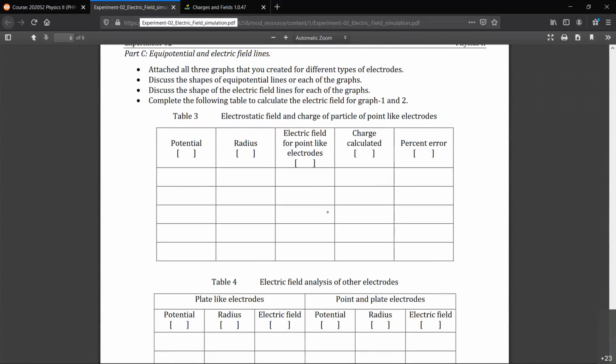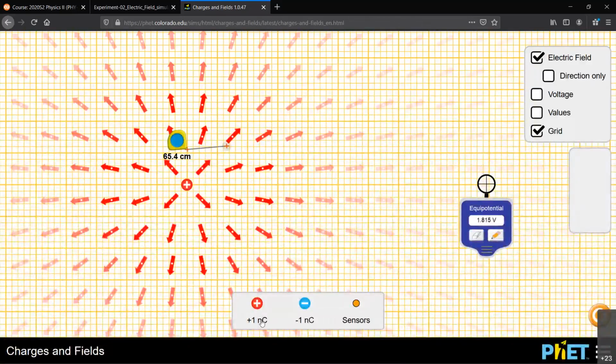Later we're going to calculate the electric field between equipotential lines, and by using that information we will estimate the charge. We're going to compare with the known charge value on the simulator, which is 1 nanocoulomb. Okay, that's the plan. Any questions so far?